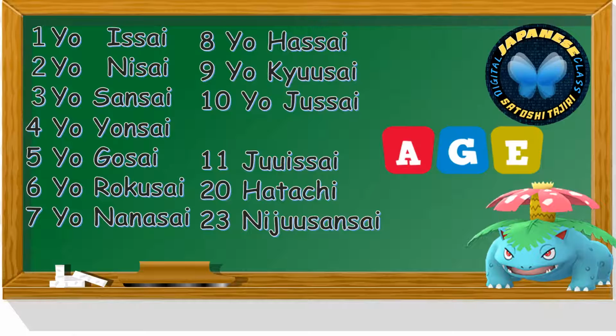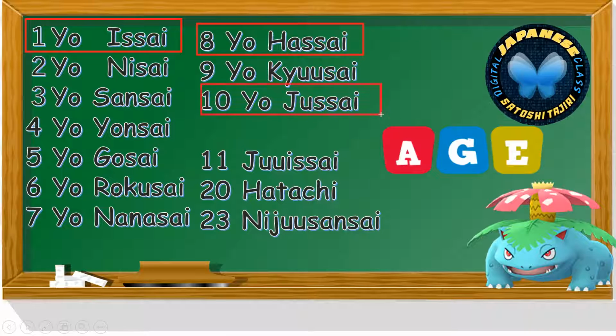For one year old, we don't say ichisai, but instead we say issai. What else is special? We also have eight years old, which is hassai. And we have ten years old, which is jussai. So we don't say jusai, instead jussai.